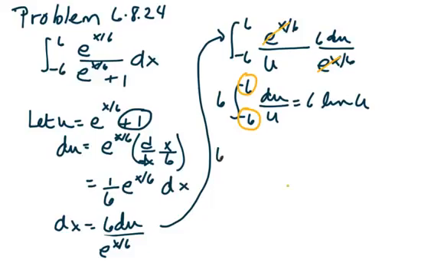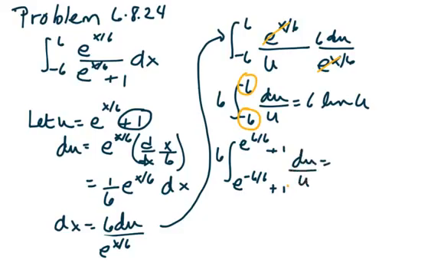So this is 6 times, you put negative 6 into u, so this is e to the negative 6 over 6 plus 1, and up top you get e to the 6 over 6 plus 1, and oops, that would have been du over u.